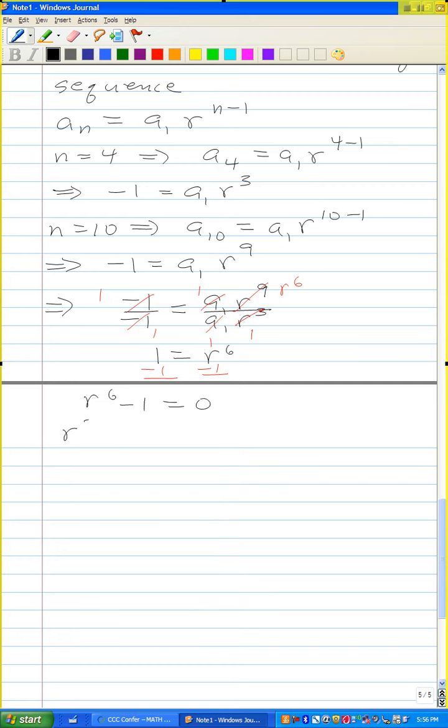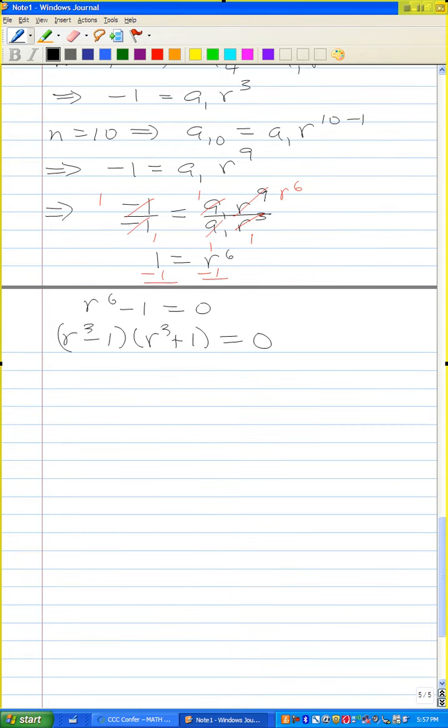Factor: r cubed minus 1, r cubed plus 1. We remember from way back in chapter 4, I think, when we did these, that it's much easier if I factor it in this manner, treating it as a difference of squares at the beginning rather than as a difference of cubes. So now I can factor this.